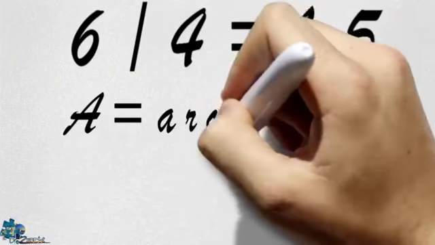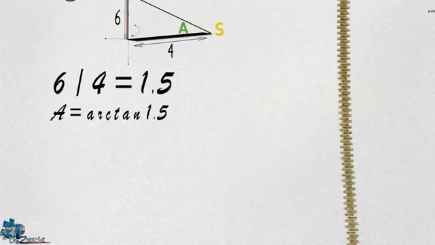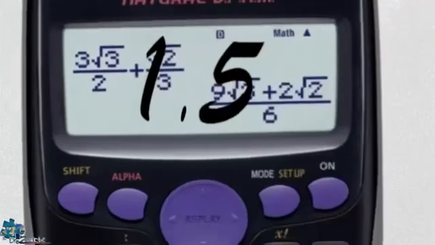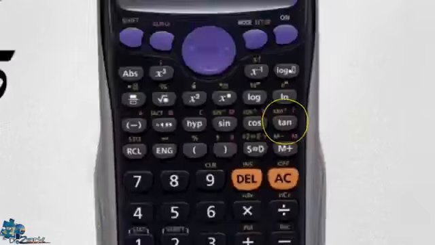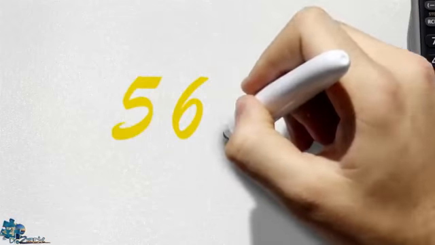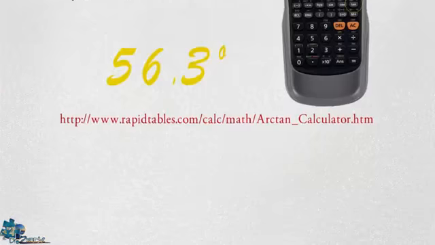So the angle A is arctangent 1.5. Okay? So now you go to your calculator and type 1.5 and hit the button arctangent or tangent minus 1, and you will get the angle in degrees, 56.3 degrees. And if you don't have a calculator, you can use this website.